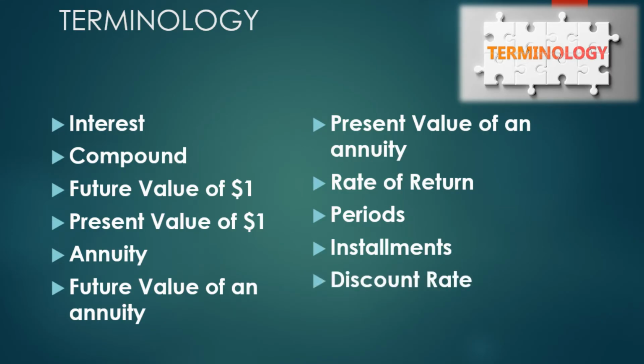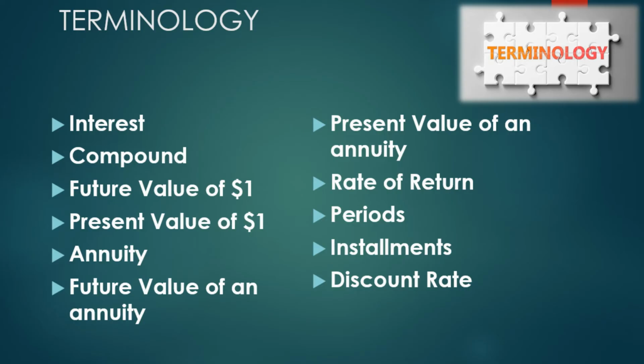Discount rate is when we look at present value of either a lump sum or a dollar, or present value of an annuity. The discount rate is we're essentially using a rate of return to discount or reduce the amount of the investment based on the passage of time. So rather than saying we're earning interest or we have a rate of return, when we're talking about present value, we're discounting the value of our investment into something that's in the future.